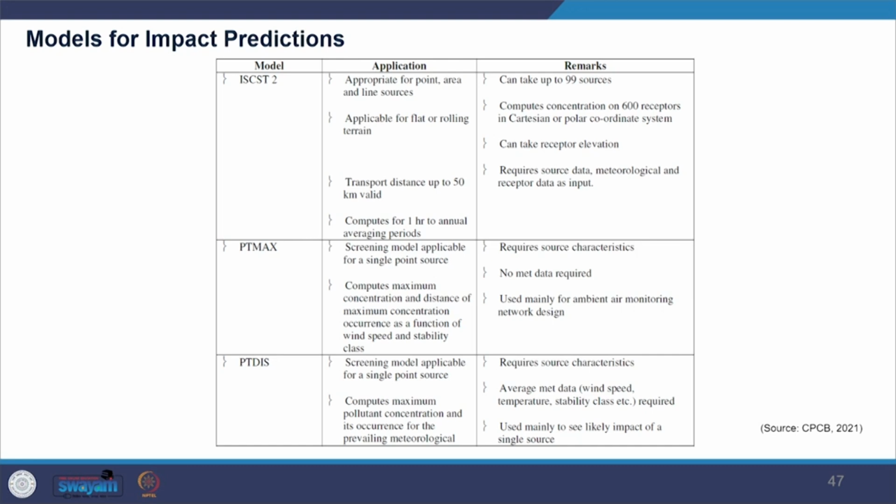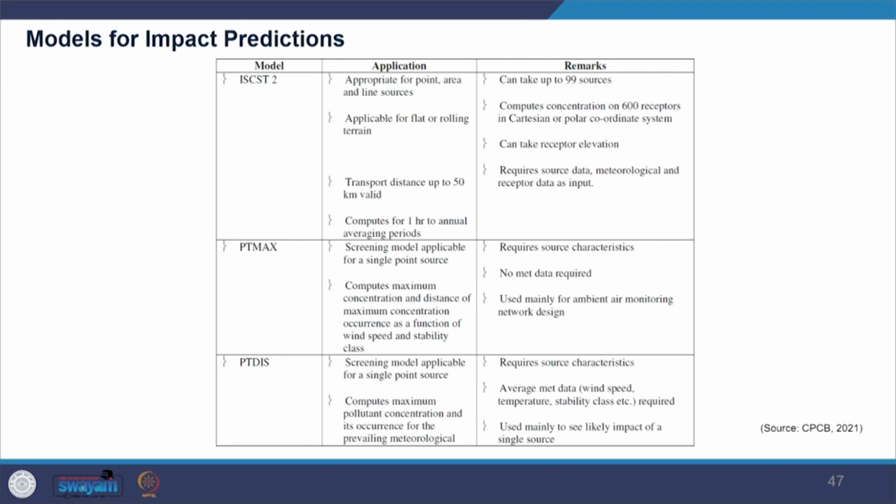I am just going to read out one of the details from here. So, you have the model ISCST2, which can be applied for point, area and line sources as well, and it is applicable for flat or rolling terrain also. It has a transport distance of up to 50 kilometers. It computes for 1 hour to annual averaging periods.